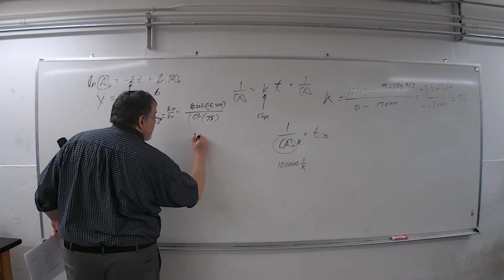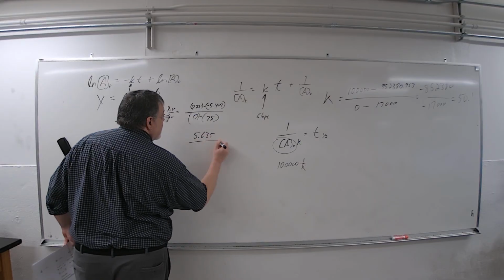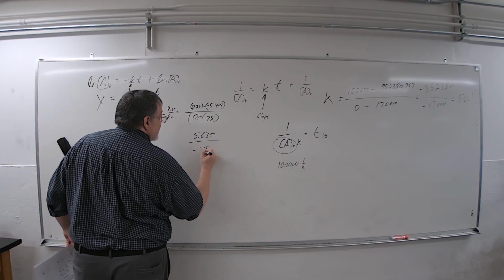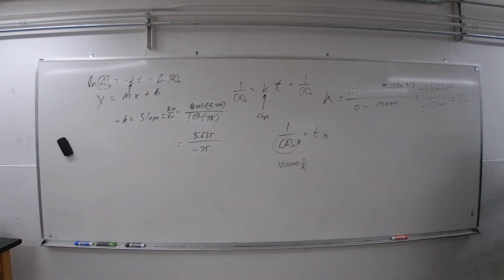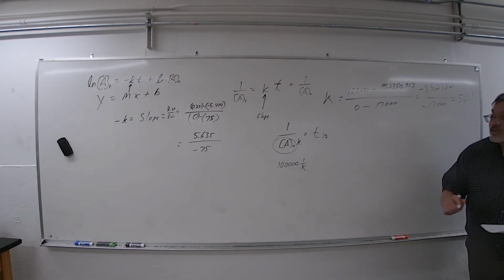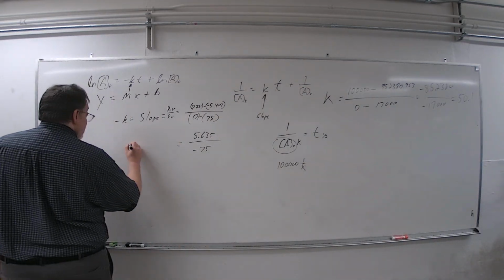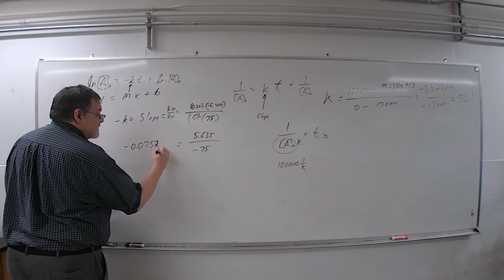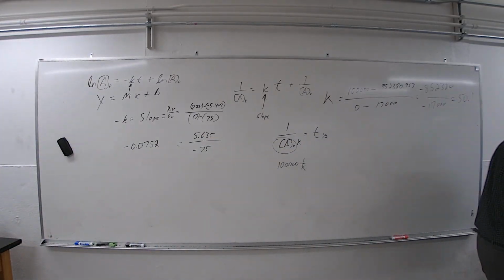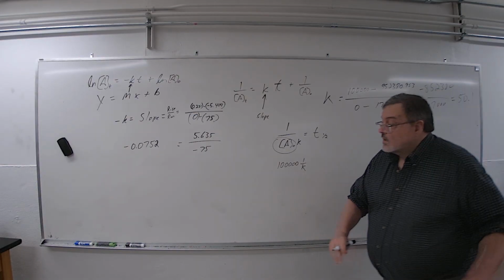So on the top I get 5.635, on the bottom I get negative 75. It should come out to negative 5.635 divided by 75. I guess I could put a negative on there. So 0.751. Or is it 2? Does it round up to 2? It seems like it did. No, 751.